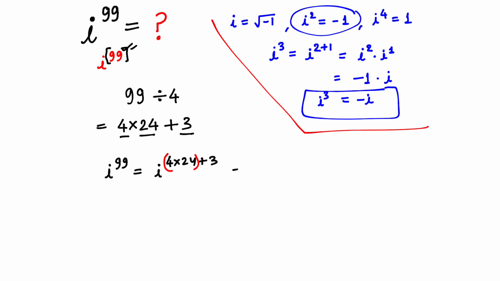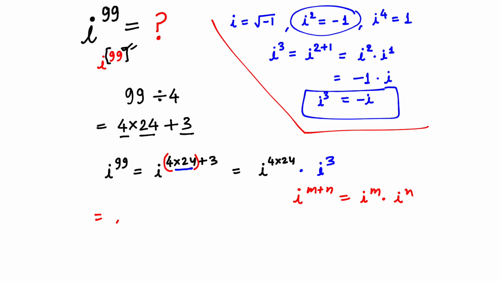Now we can write i raised to the power 4 multiplied by 24, and the plus sign in the power implies that the exponents can be separated and the terms multiplied. So i raised to the power 4 multiplied by 24, and the whole multiplied by i raised to the power 3. You can recollect this from the formula: if i raised to the power m plus n is given, it means i raised to the power m multiplied by i raised to the power n.